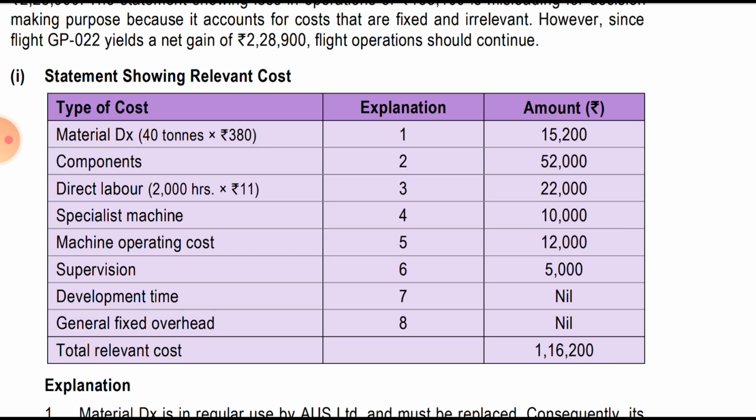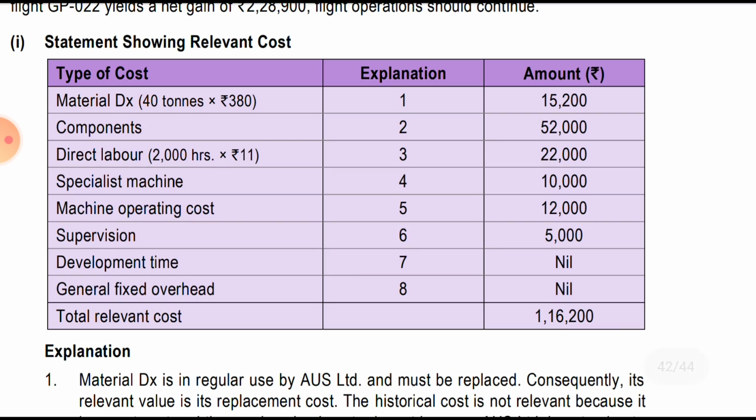Then development time will be ignored because it had already been paid, and general fixed overheads are ignored because they are an absorption cost. So the total cost comes to 1,16,200, as they had asked us to prepare the relevant cost statement.